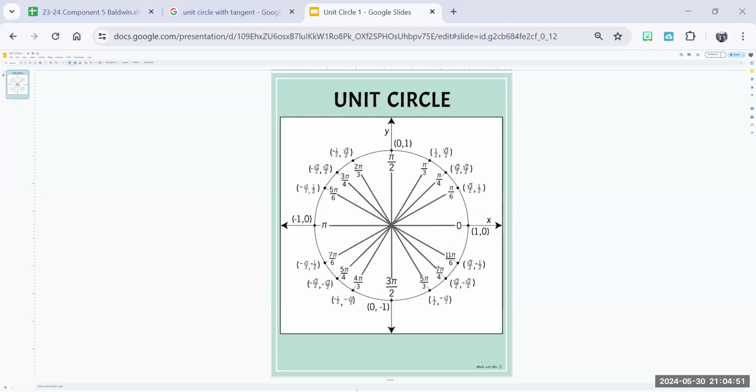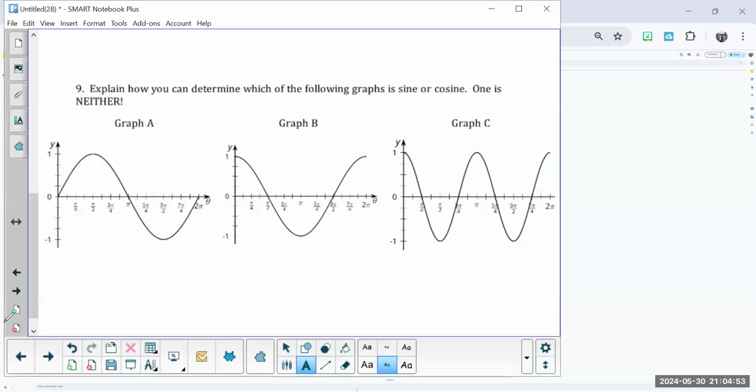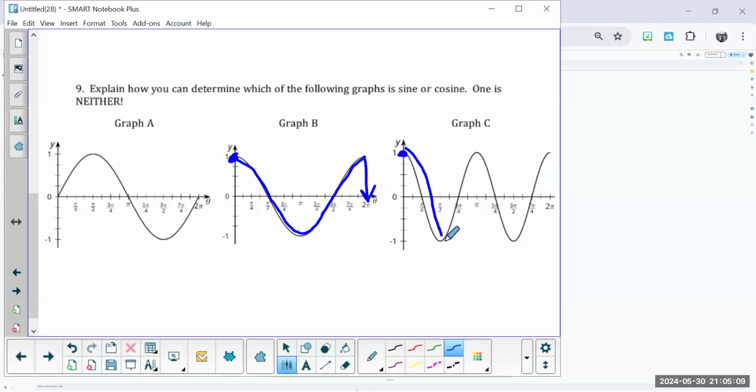So then when we look back at here, we're looking for this one starting at 1, which is like cosine. This one also starts at 1, which is also like cosine. But this one doesn't get back up until 2 pi, where this one gets all the way back to the same starting point at only 1 pi.